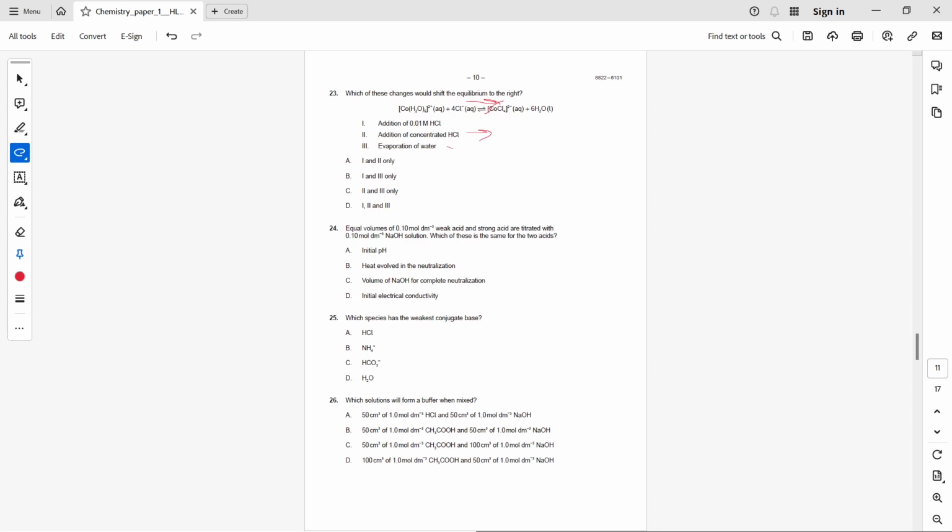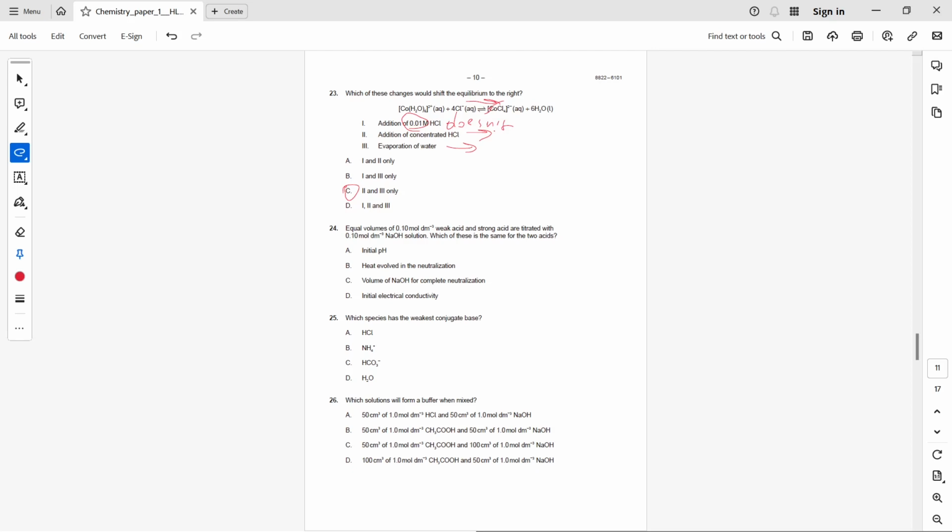So again, it shifts equilibrium to the right. And the first one, it doesn't really matter because the concentration is very, very small, so it doesn't change the equilibrium at all. So option C.